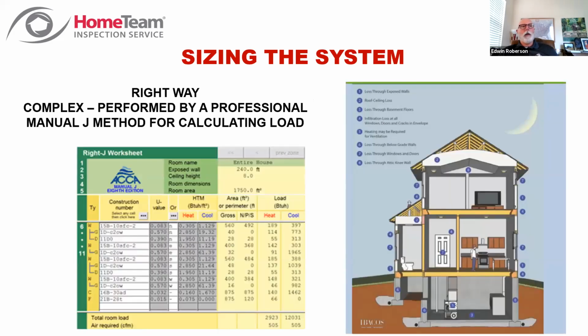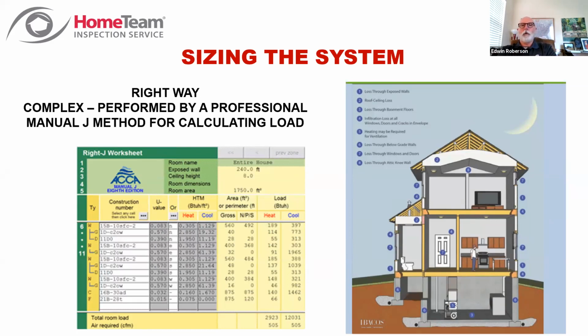The right way today is called the Manual J method, and that's a complex calculation. They use software. Nobody's sitting there with a pencil and paper and calculator doing this. They're loading all of the information about the house into that system, and that's telling them, here's what you need, here's where and why. And you're looking at overall, how is the house built?